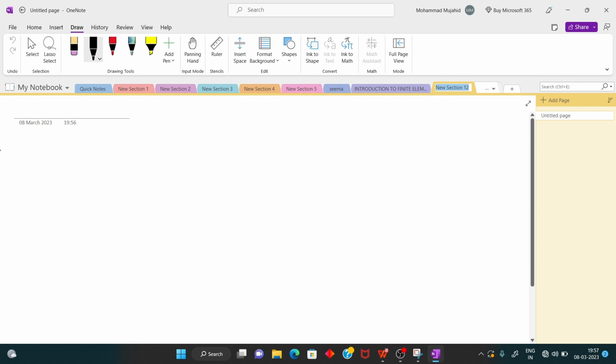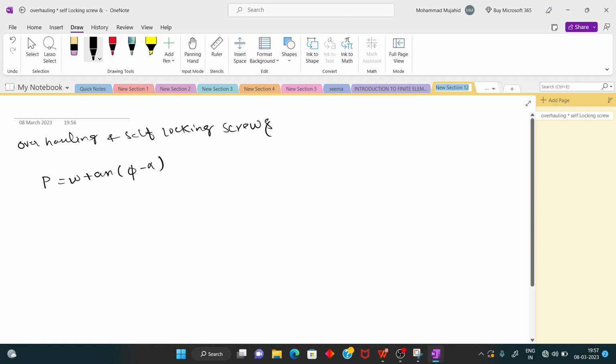So from this, overhauling and self-locking screws. From that article, we know that P equal to W tan of (phi minus alpha).